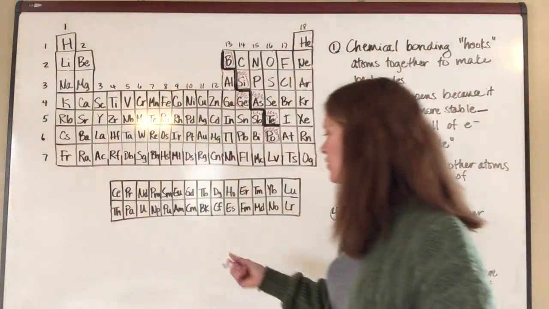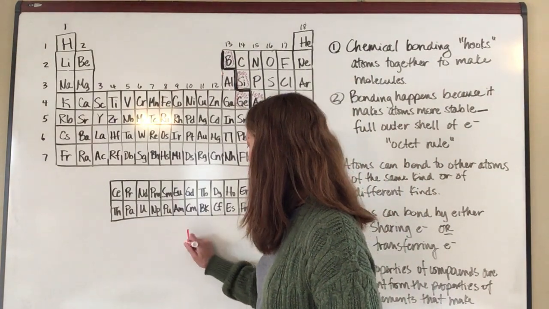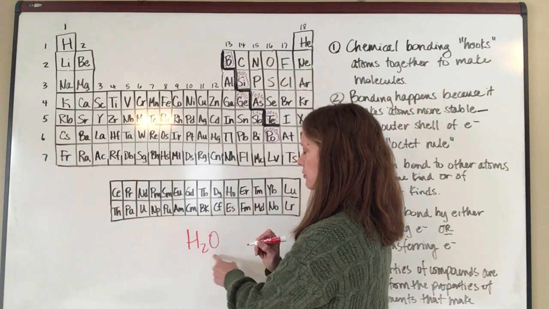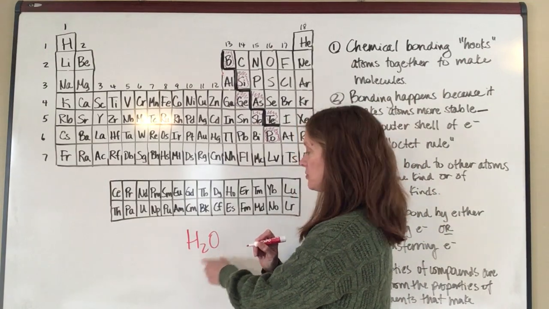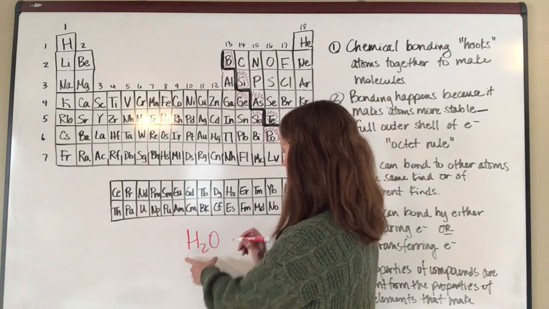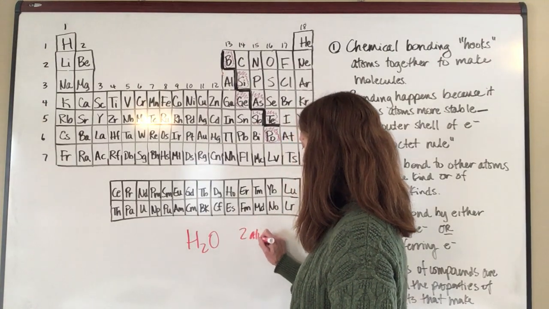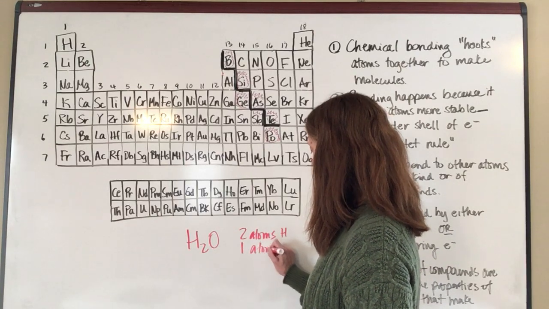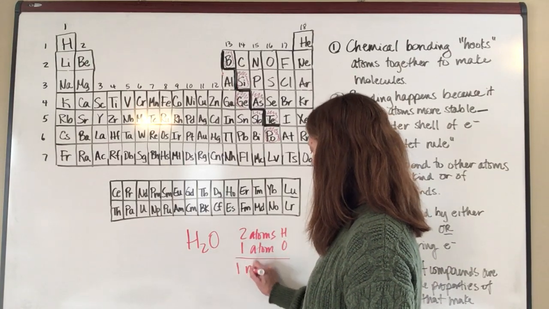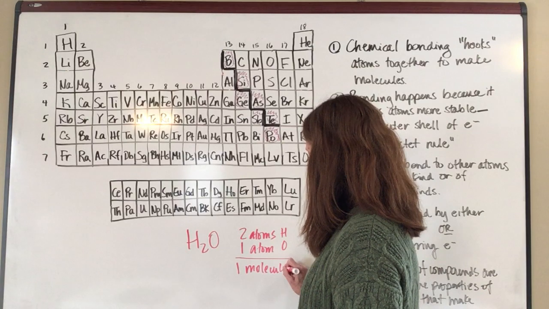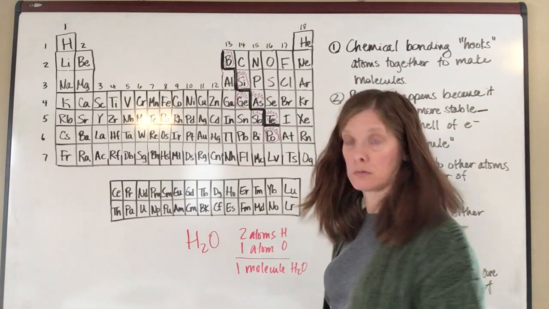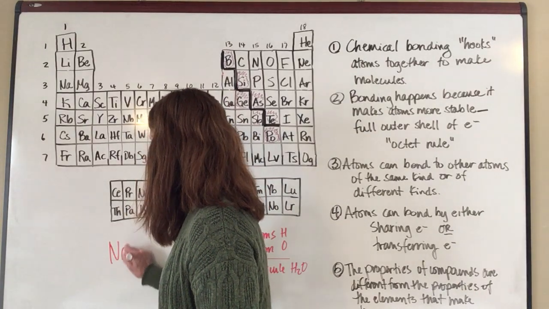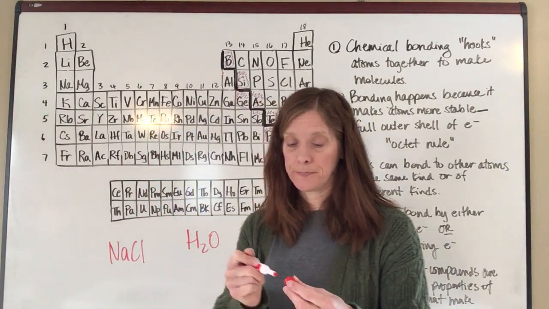Another formula that you've probably seen, we mentioned H2O already, and we said that means that you've got 2 atoms of hydrogen and 1 atom of oxygen that go together to make 1 molecule of water, okay?